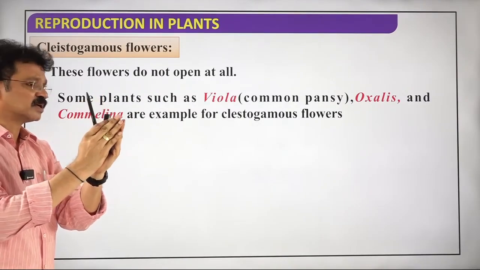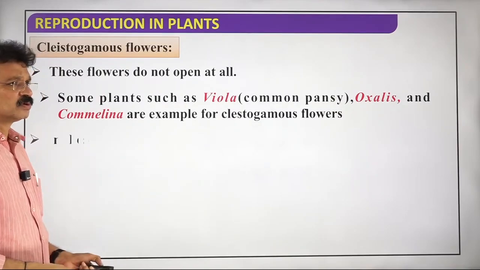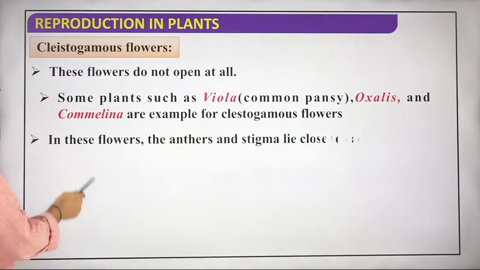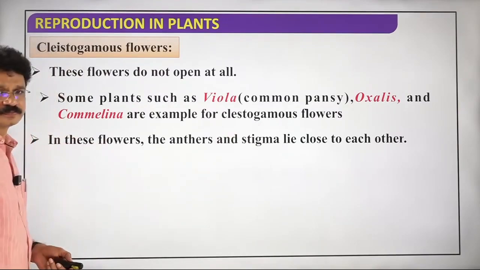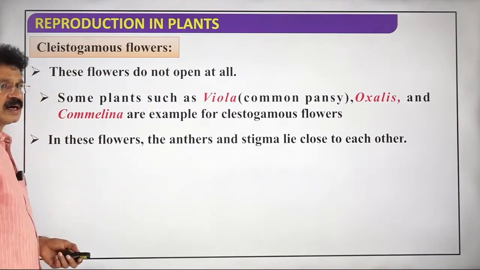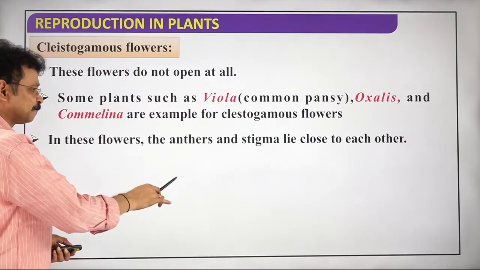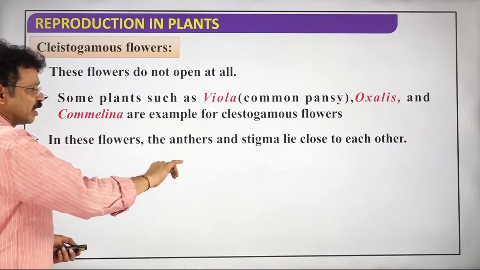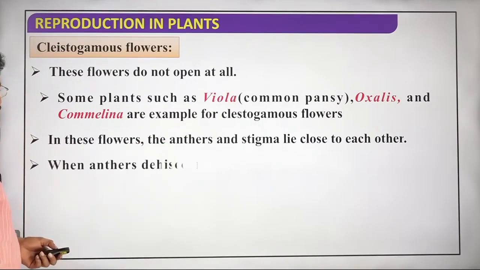The reproductive organs of that flower are not exposed to the outside. Such flowers are unable to receive pollen from other flowers. In these flowers, the anther and stigma lie close to each other. These flowers are unable to receive pollen from other flowers, and at the same time, the pollen of this flower is unable to move out of the flower, due to the lack of open condition.